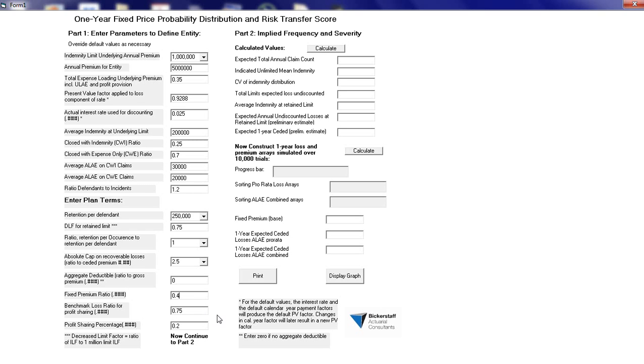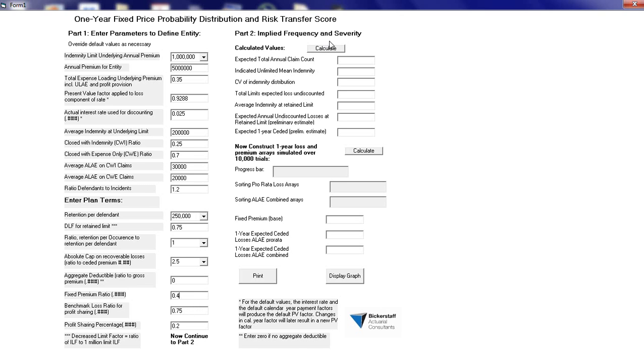So what this says is that if the loss ratio of ceded losses divided by this fixed premium falls below a 75% benchmark, then the ceding carrier will share 20% of that difference. Again, these can be overridden. Everything in here can be overridden, but this is a typical set of terms for this profit sharing.